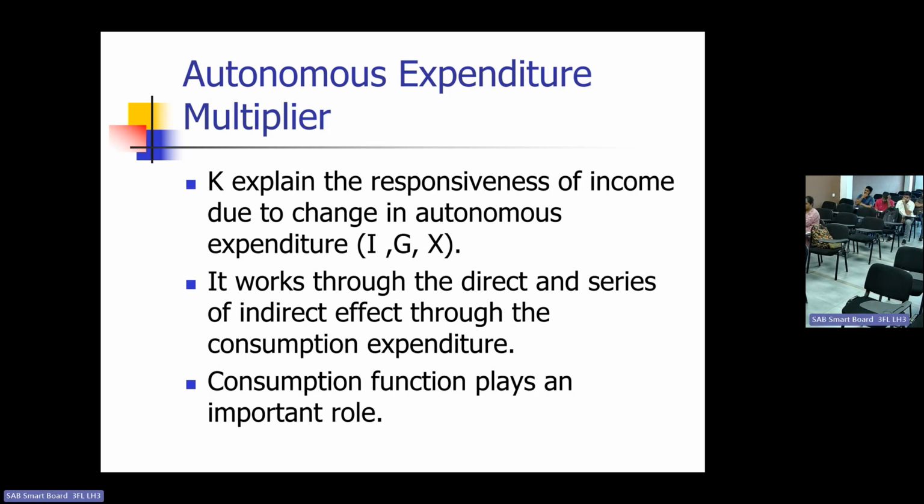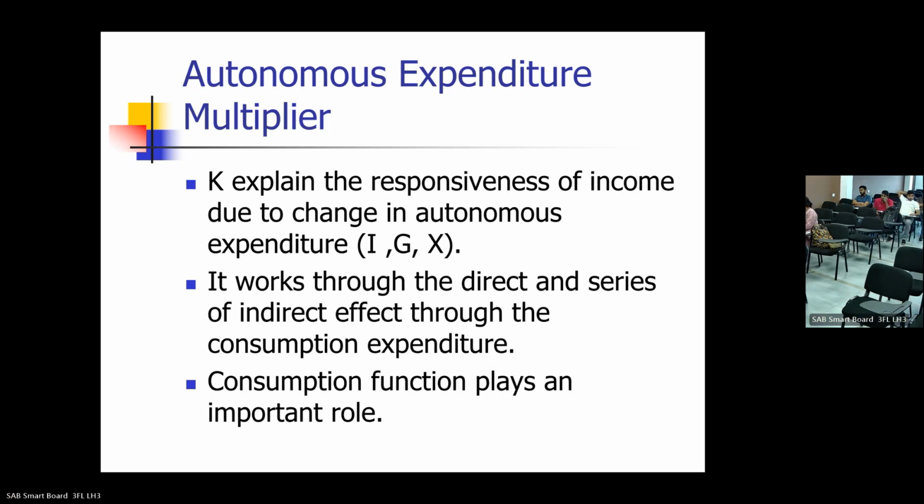The investment, we take it as autonomous, I bar. Government expenditure is also autonomous, G bar. Exports we also assume autonomous, X bar. But the import function depends on income: M0 plus MY. This is our import function.